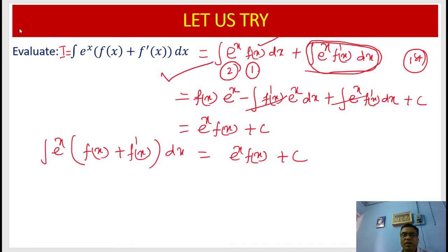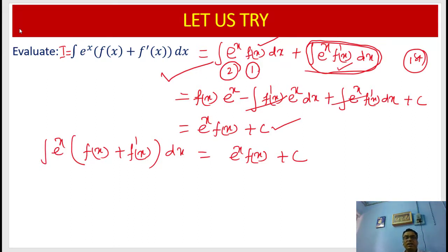You will have to leave that integration where f dash x is there and solve the integration once or twice, the integration of e to the power x f x, so that what you have left cancels out and you get the result. Got the idea?